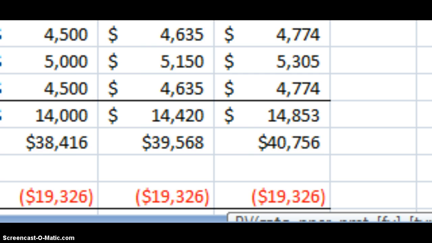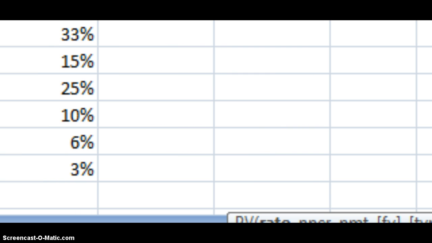Then loan balance, we're going to use that present value equation. So rate of the loan is 5%. We need it in months, so we're going to divide it by 12.